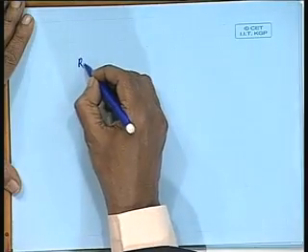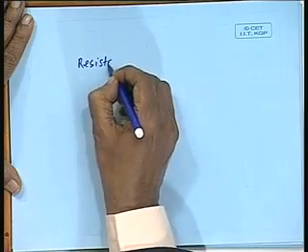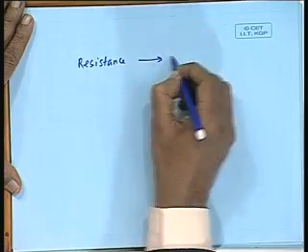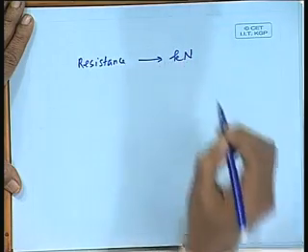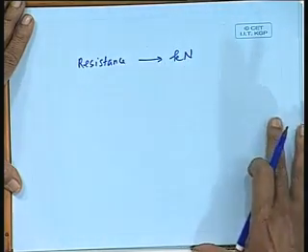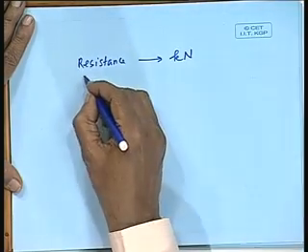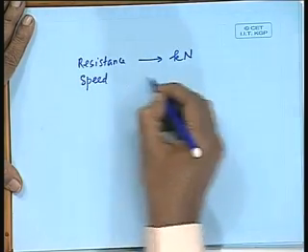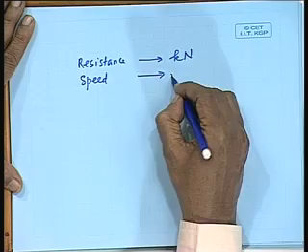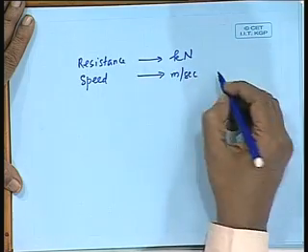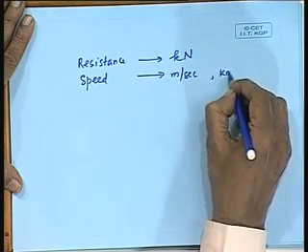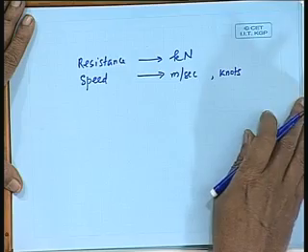Typically, the resistance of a ship will be expressed in kilonewtons, that is the force unit, and speed will be expressed in meters per second in SI units and knots in conventional ship terms.